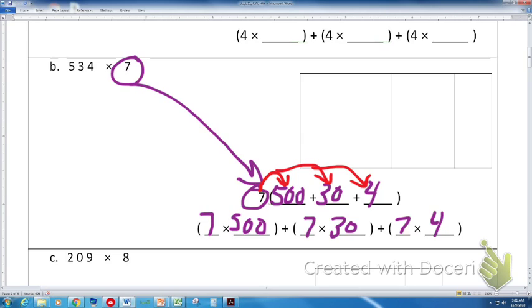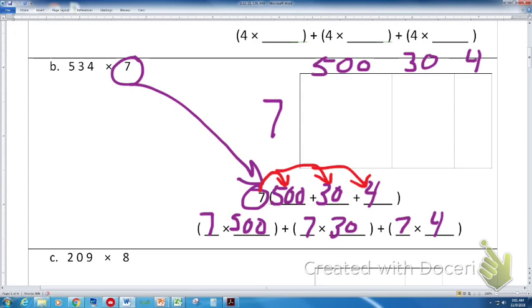So once again, we put our values at the top: 500, then a value of 30, and then the value of 4. And we're multiplying that all by 7. So 7 times 500. 500 can be 5 times 100.